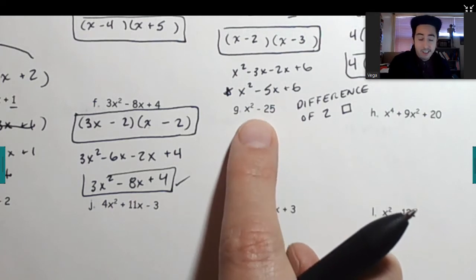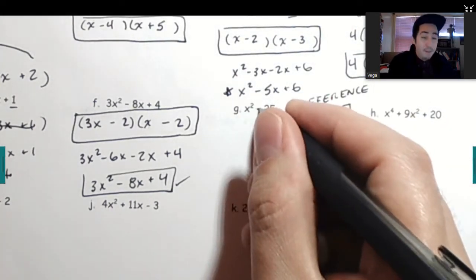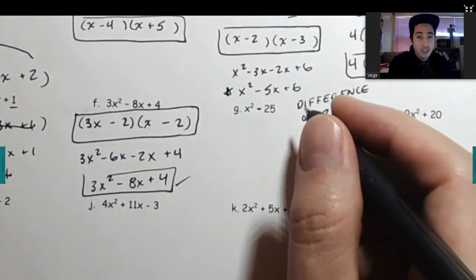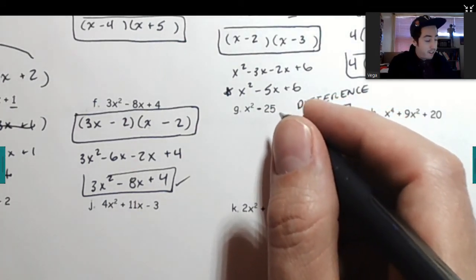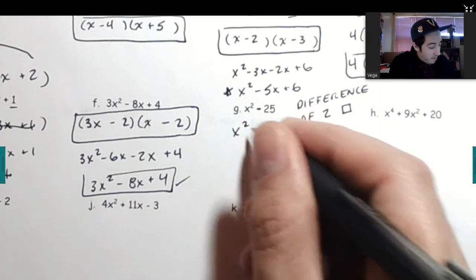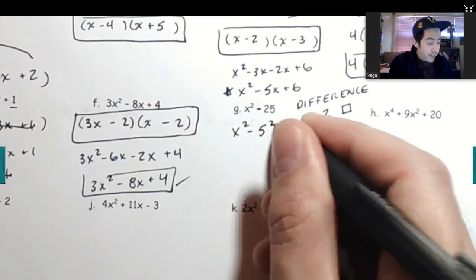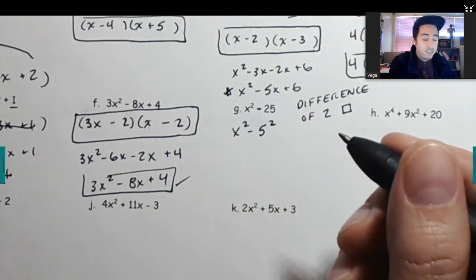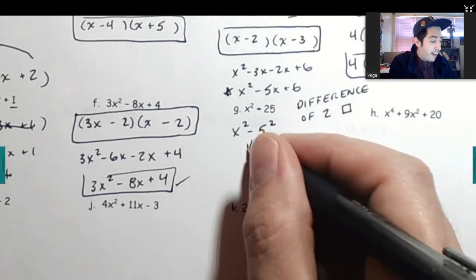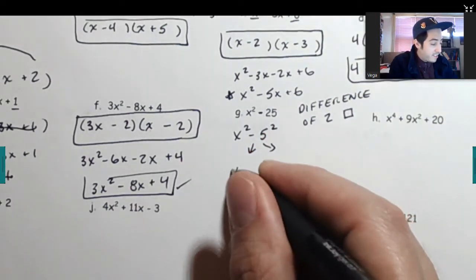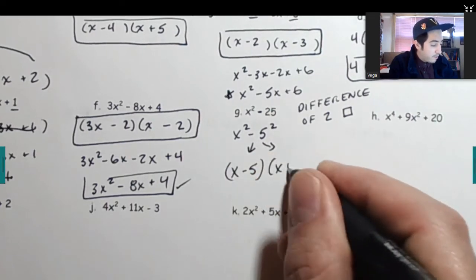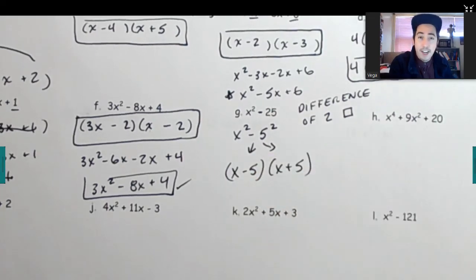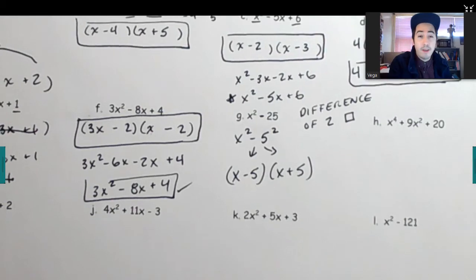Minus, that means difference of two squares. This is really x squared minus 5 squared. Difference of two squares can automatically be factored into x minus 5 times x plus 5. It can always automatically be factored into that without doing any real math.